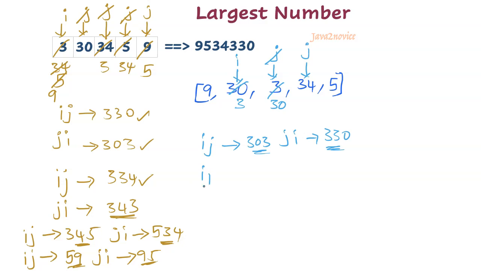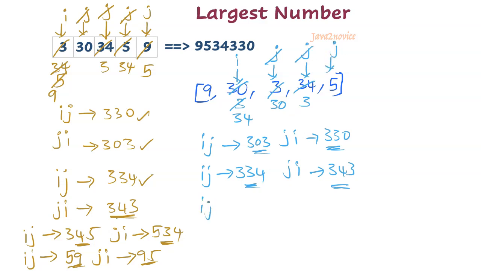Now ij will form 334 and ji will form 343. Since 343 is bigger than 334, again we will swap both i and j values. 34 will be here, 3 will be here. In the next iteration, j will move here.